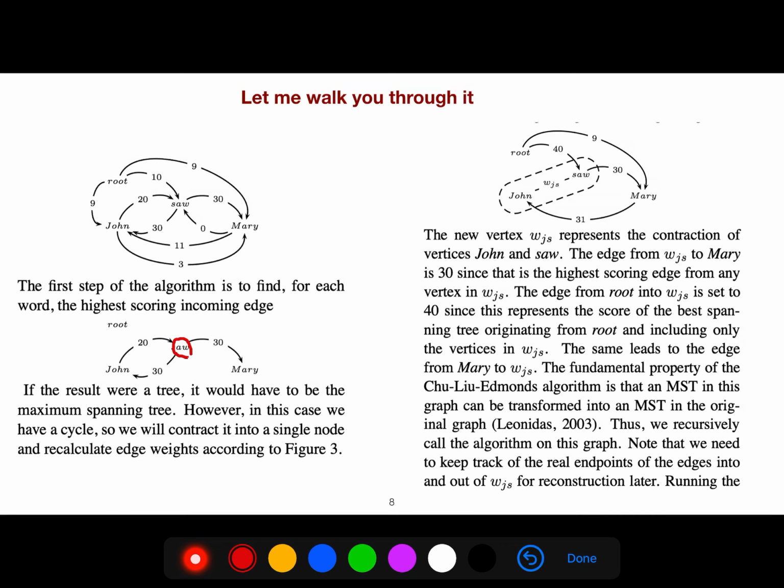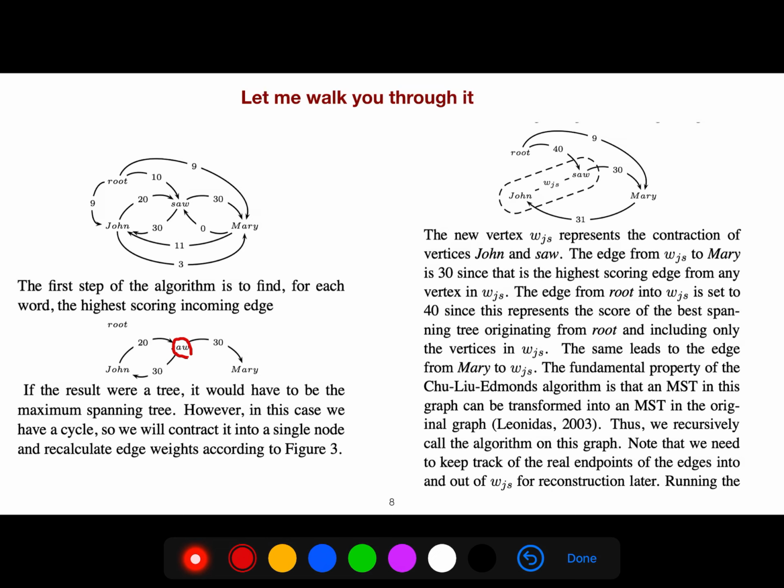For example, 20 is the highest scoring in comparison to 10. So we collect for each word the highest scoring incoming edge. If the result were a tree, it would have to be the maximum spanning tree.